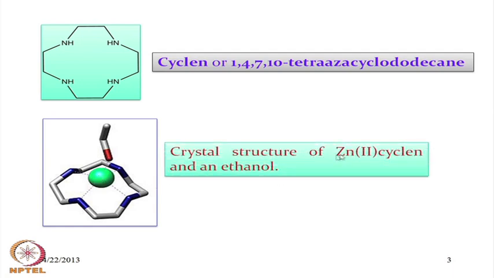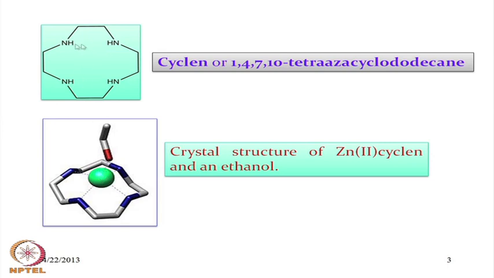So, when we have the corresponding compound of zinc with cyclen, the zinc atom is basically sitting over this particular ring, and one ethanol molecule is coordinating, fulfilling the 5th coordination site for the zinc atom.